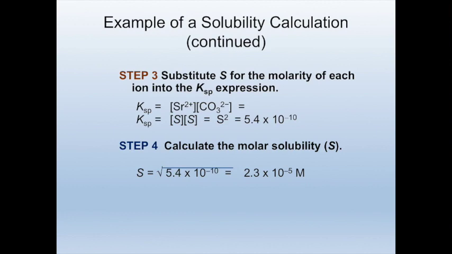And we know that they're equal to each other because they're at a 1-to-1 ratio. So the concentrations are S times S, or S squared, is equal to 5.4 times 10 to the minus 10. You solve this by taking the square root. So the square root of 5.4 times 10 to the minus 10 is equal to 2.3 times 10 to the minus 5 molar.